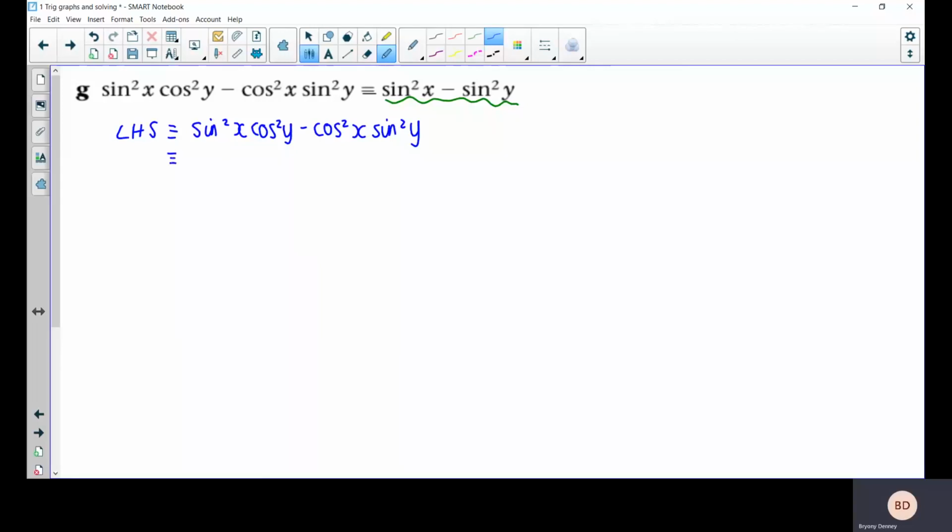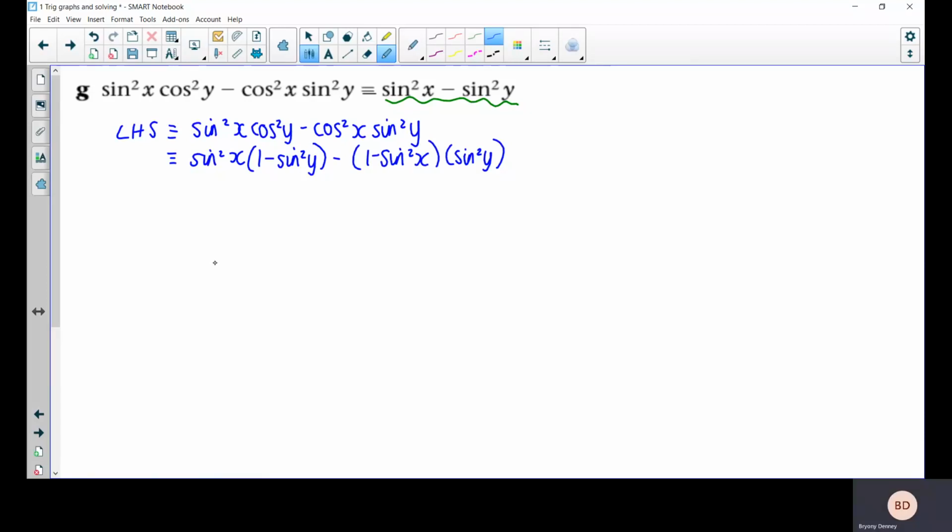So I'm using the identity here twice. Cos squared y is the same as 1 minus sine squared y. And cos squared x is the same as 1 minus sine squared x. And I've got the sine squared y there. I've just put that bit in a bracket because I've got this minus, so I don't want the minus to cause an error here.